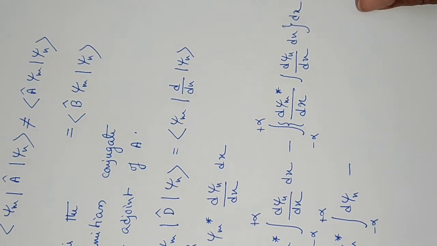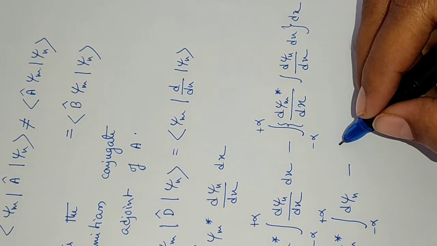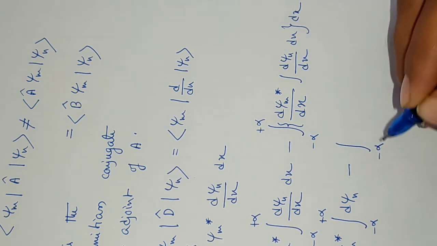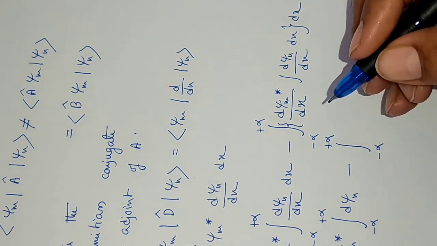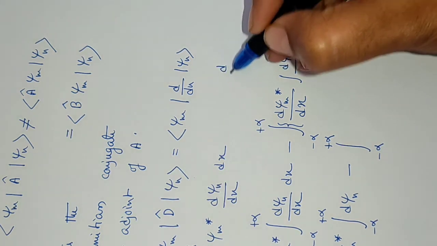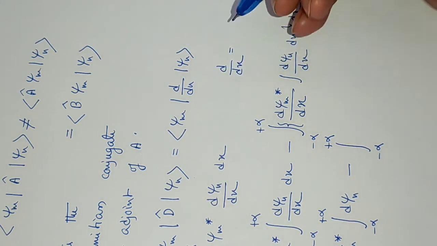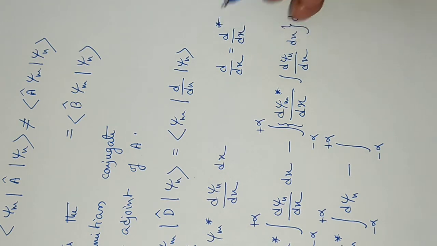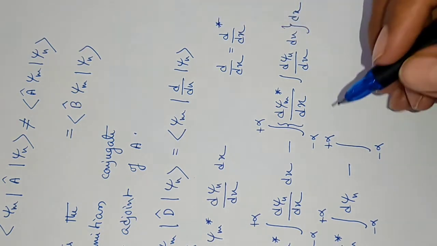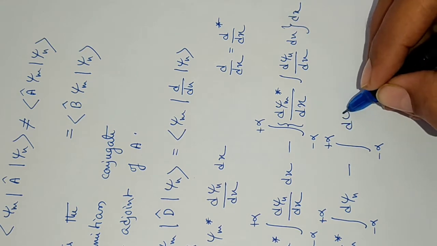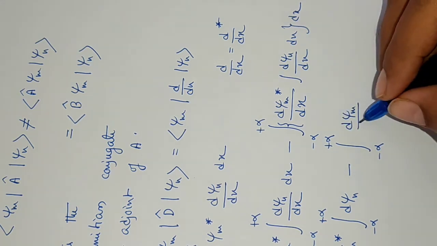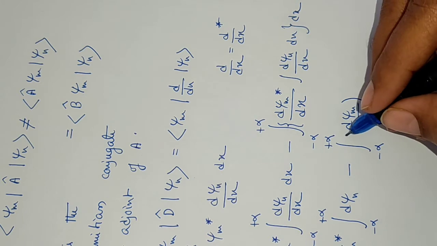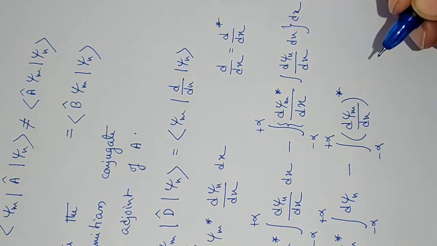Now what will happen to this side? d/dx is real, there is no imaginary part, so we can write here d/dx star. So we can take the whole thing within the conjugate part.